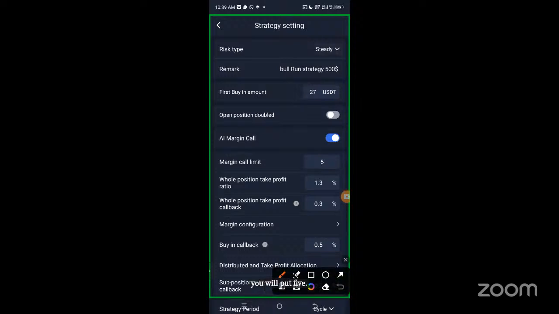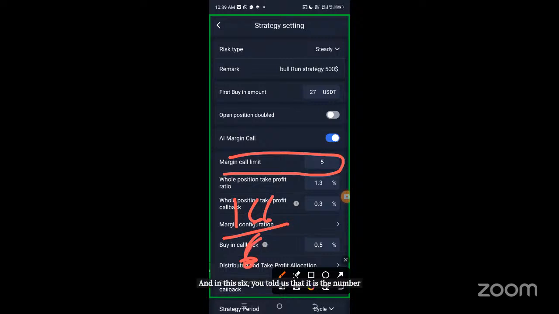Someone will ask me, why have you put 5 here, and yet when you were dividing, you divided 166 by 6, and you told us that 6 is the number of margin calls? Why have I put 5, and why am I dividing by 6?